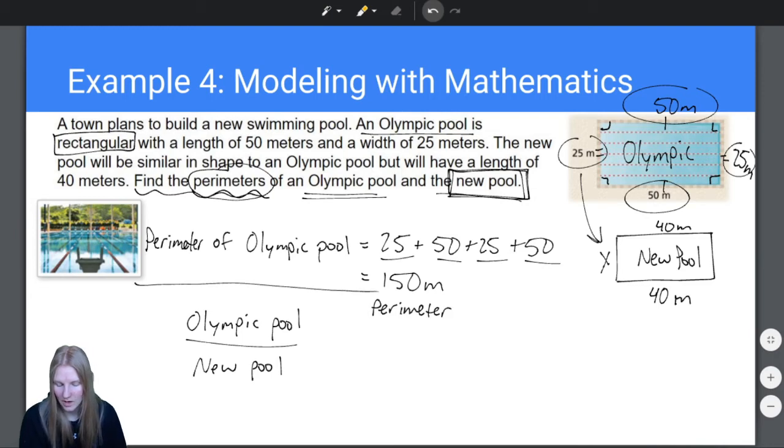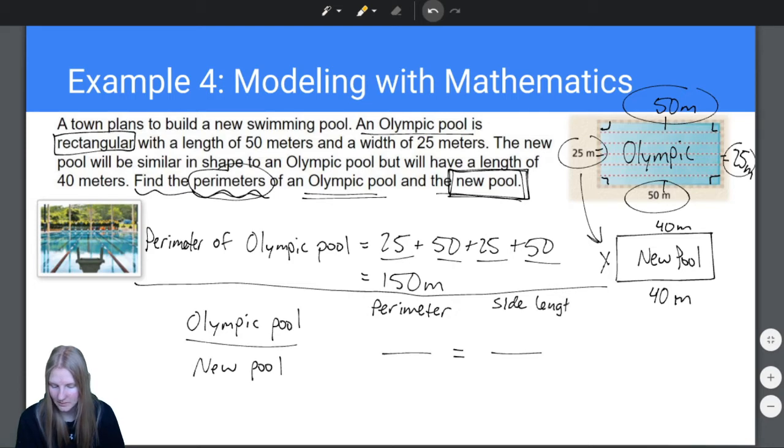Let's draw a line here so you can see the difference. We're going to put the perimeter on the left, and then we're going to put the side lengths on the right. So, what is the perimeter of the Olympic pool? It is 150 meters. What is the perimeter of the new pool? We don't know. That's what we're trying to find, is the perimeter of the new pool.